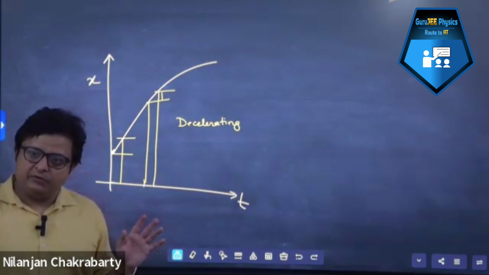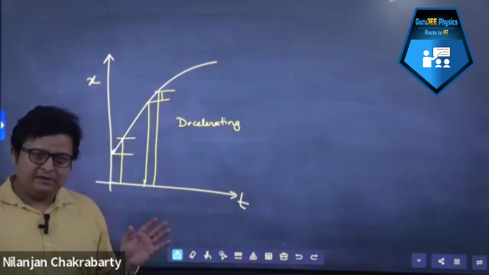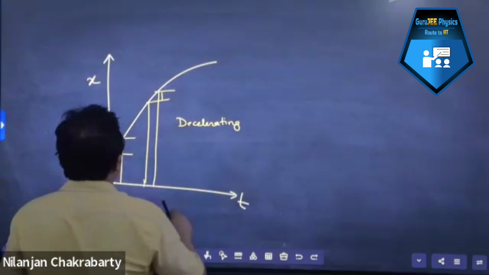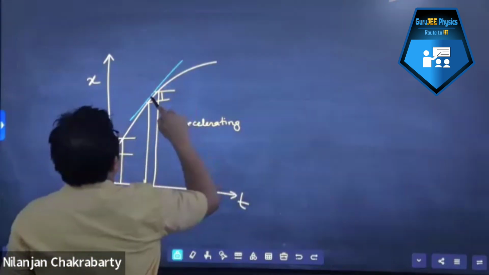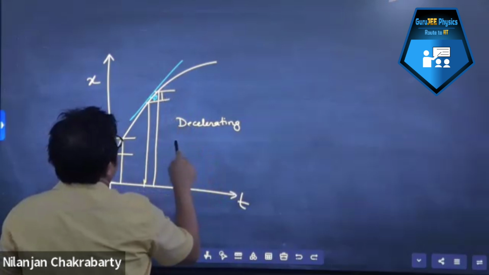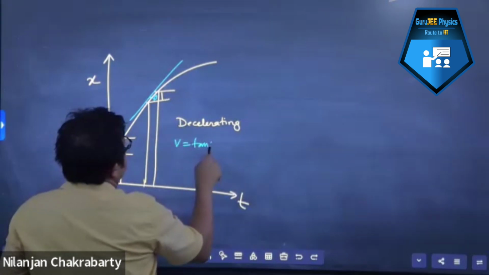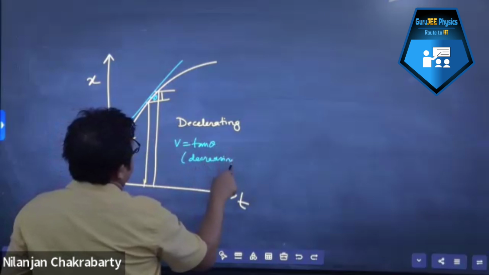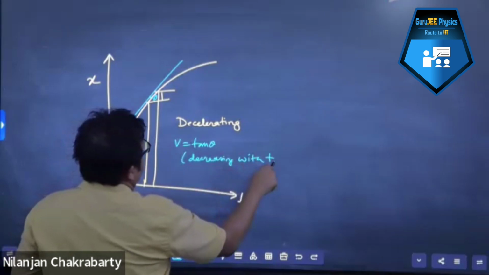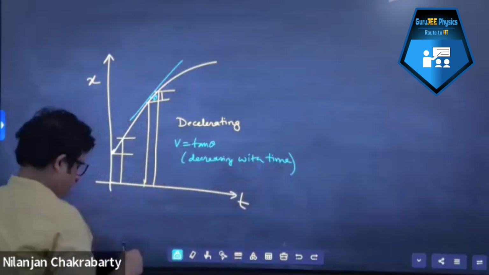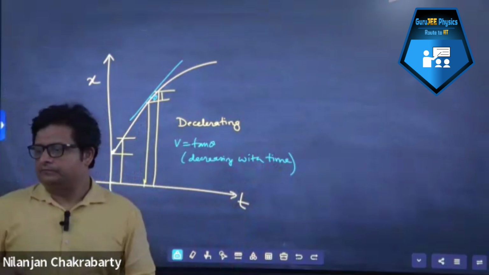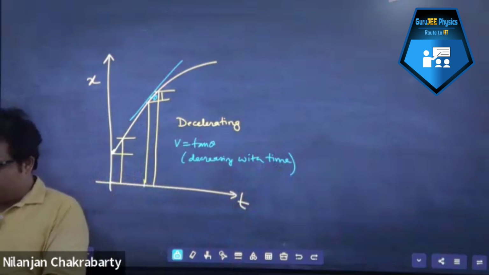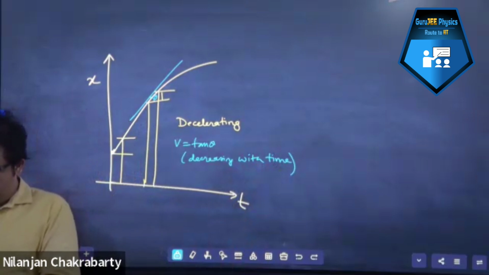Why decelerating? The slope of the tangent, see tan theta, v equal to tan theta. What is that? Decreasing. So v equals tan theta, so tan theta decreases.